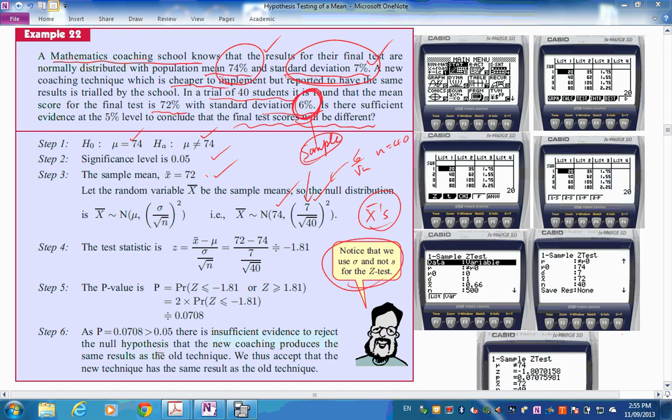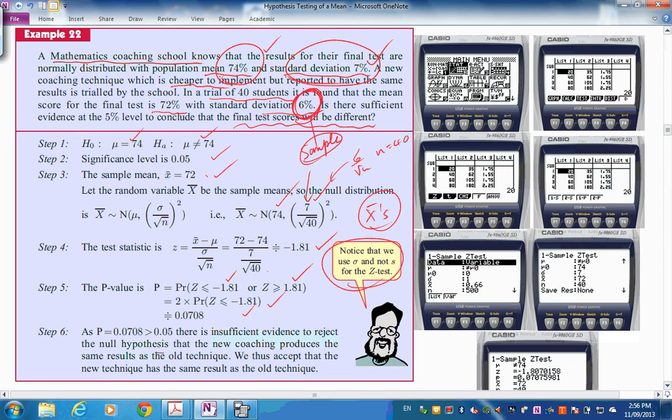If we do that, we get this score here, negative 1.81. What's the probability of being less than negative 1.81 or greater than the value on the other side? Double it and get that probability.